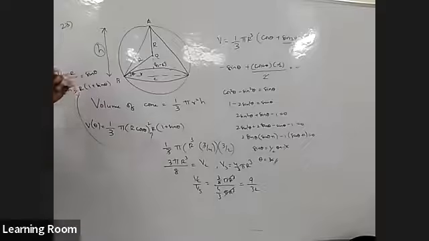We have 8 by 27. Volume of cone is how much? 8 by 27 times volume of sphere.